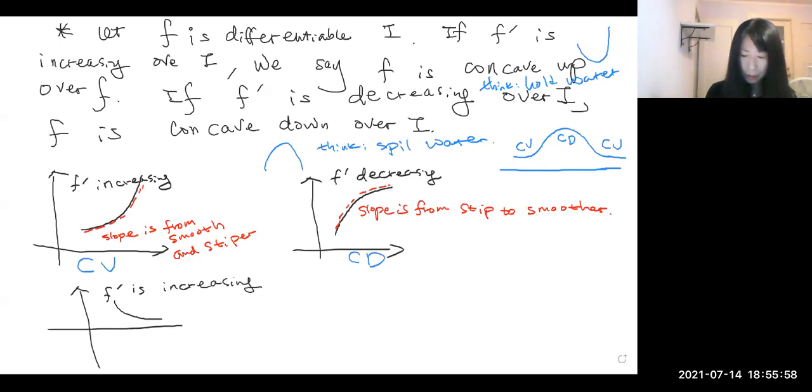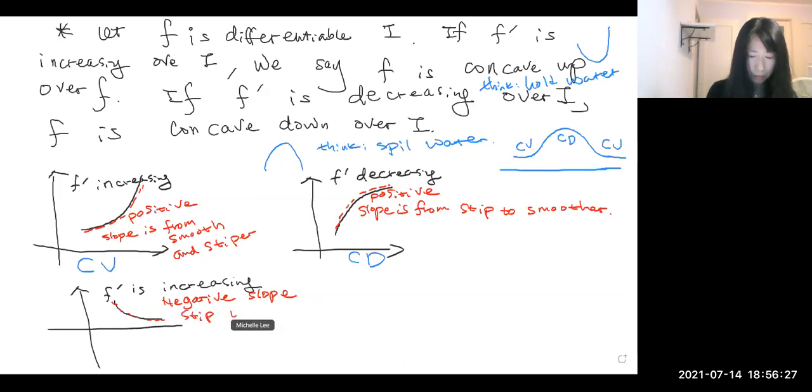But negative slope, steep, and then smoother, toward positive. Then this is concave up as well.